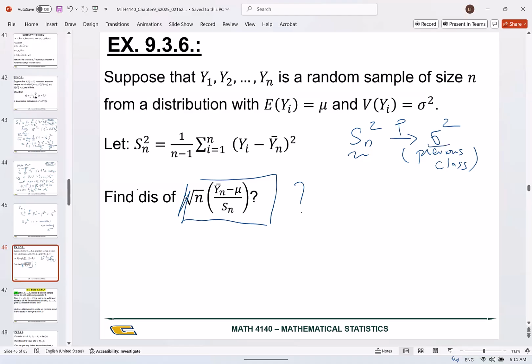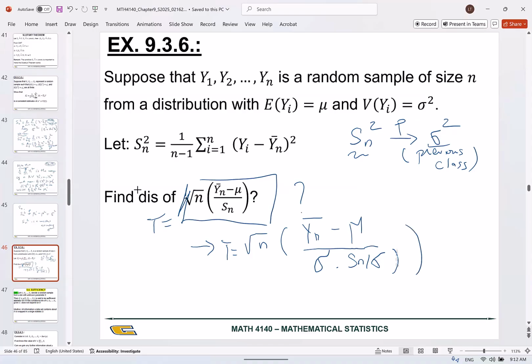In order to do that, one trick people often do is, instead of looking at this directly, take my test statistic T and divide by sigma and times sigma. I didn't do anything, just multiply and divide.